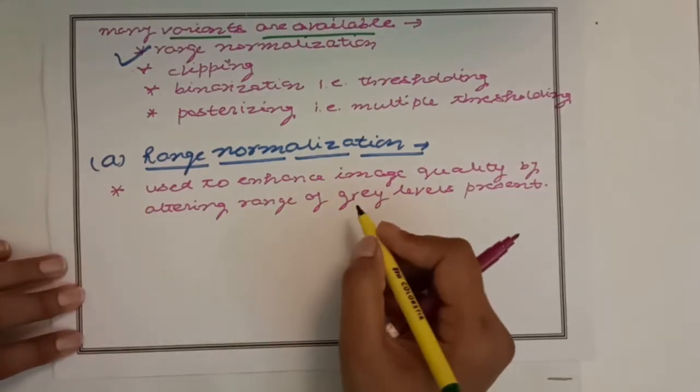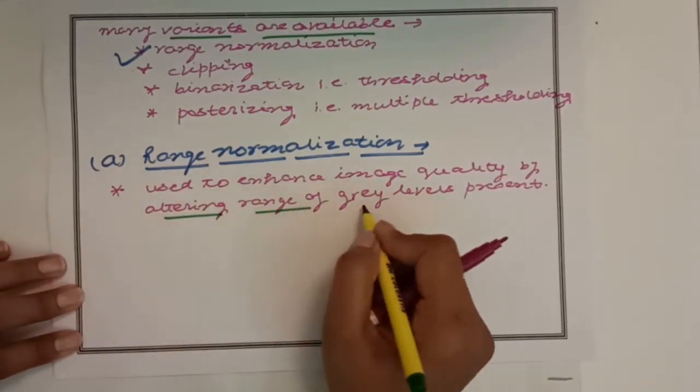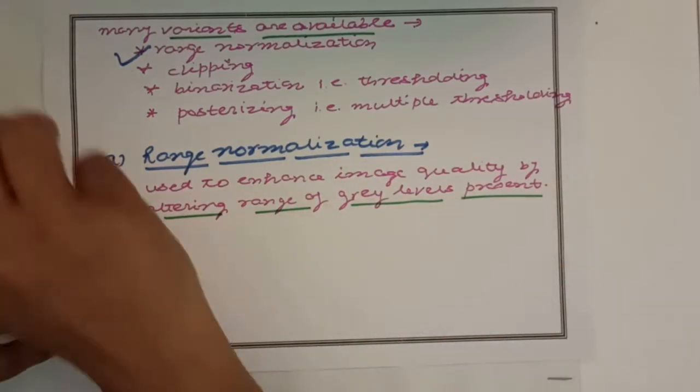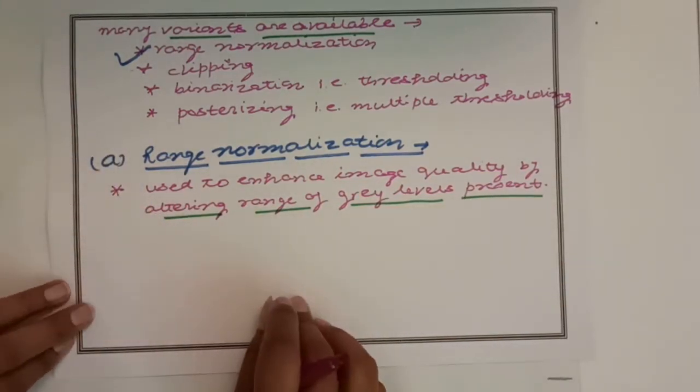Here the important factor is altering the range of gray level present. This is the major factor.